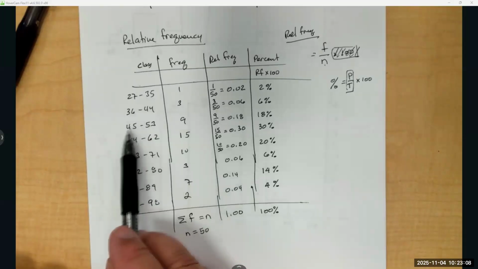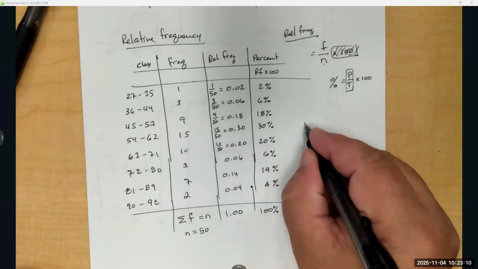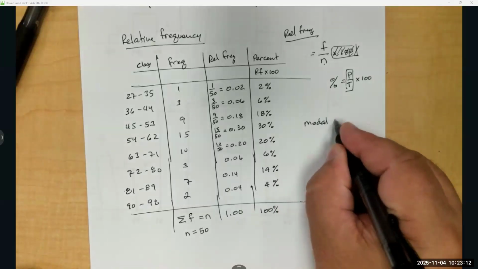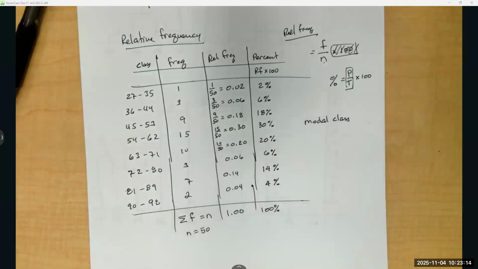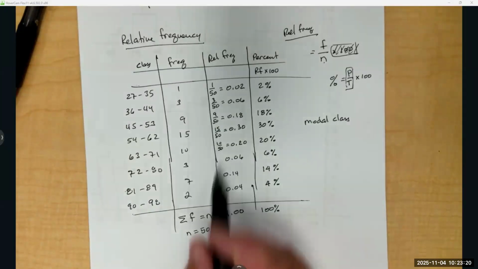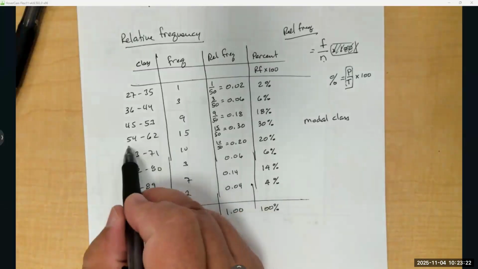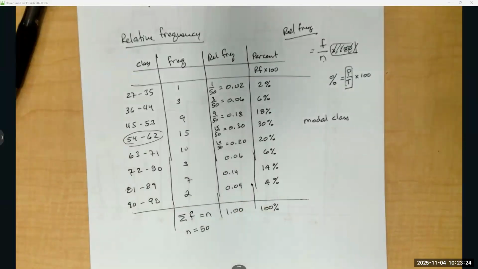Whenever you have intervals, this is called the modal class. You look for which class has the highest frequency of occurrences. So that's a modal class. And again, it's only as accurate as that. Do we know what number is most active inside there? No, we just know it happens in this interval.